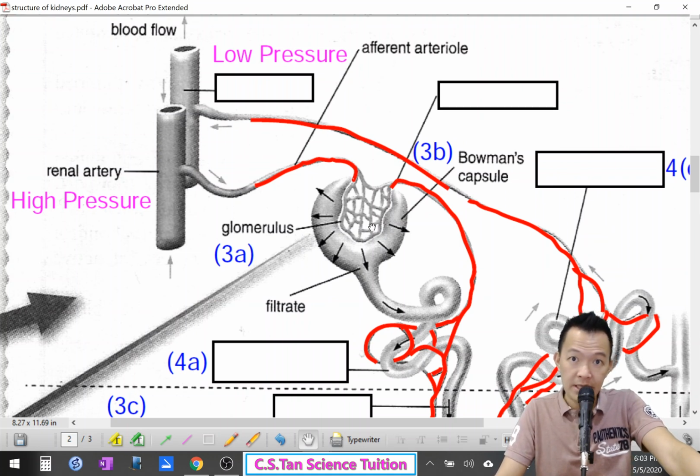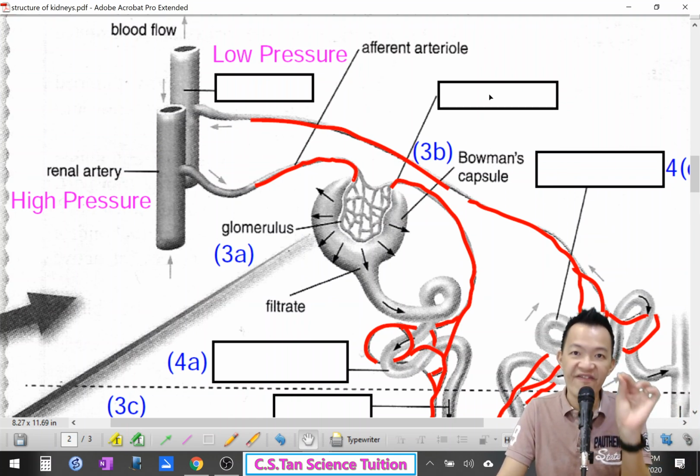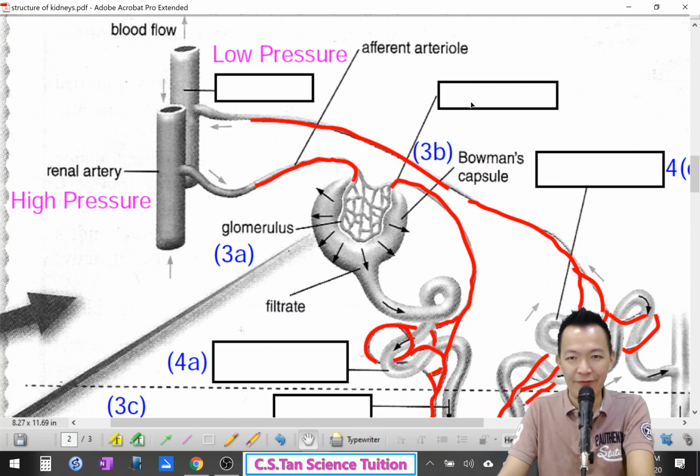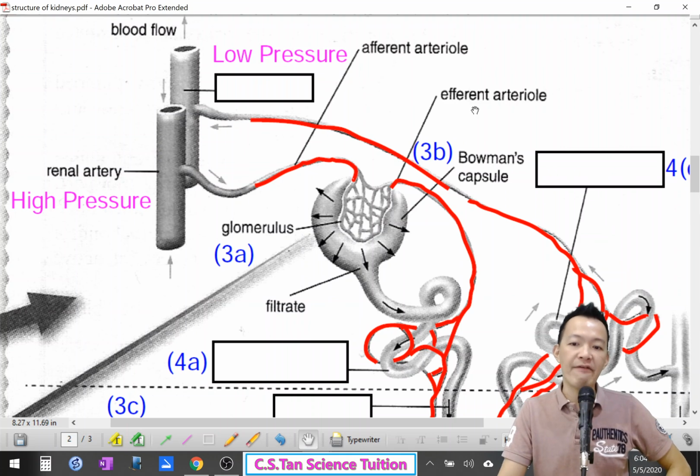And all the blood capillaries in the glomerulus will join together and become another bigger blood vessel that we call the efferent arteriole. Very difficult to differentiate the pronunciations. Okay, efferent arteriole: 进来的小动脉，出来的小动脉啦，中间就是微血管.